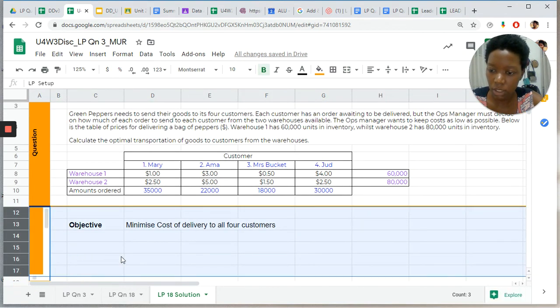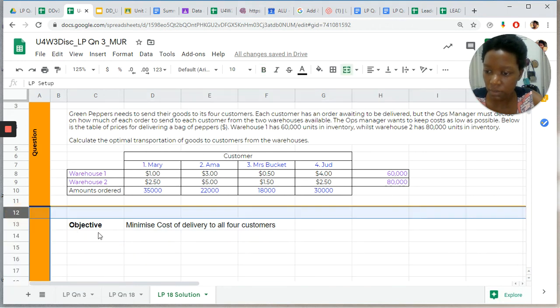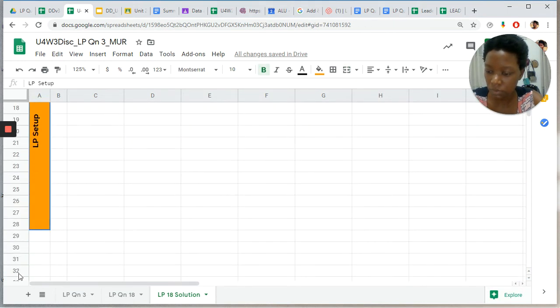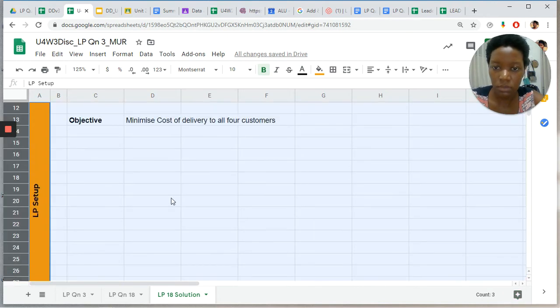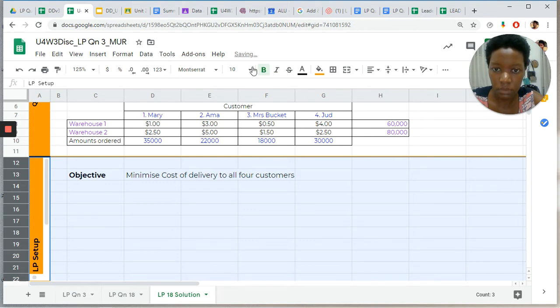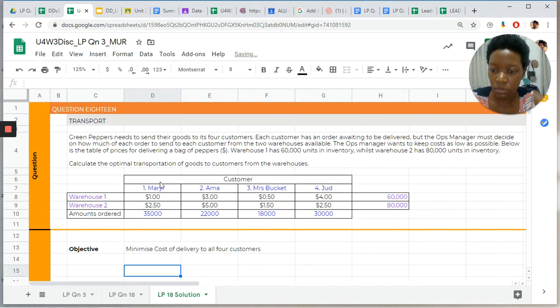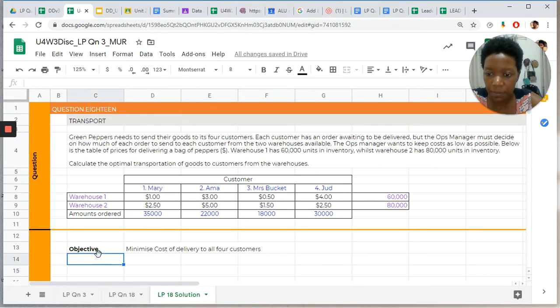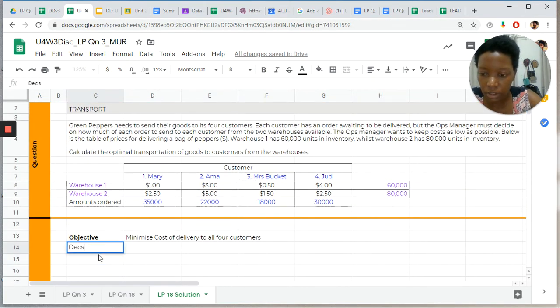I'm just going to make a decision. According to the question, we want to figure out optimal transportation of goods to customers from the warehouses.